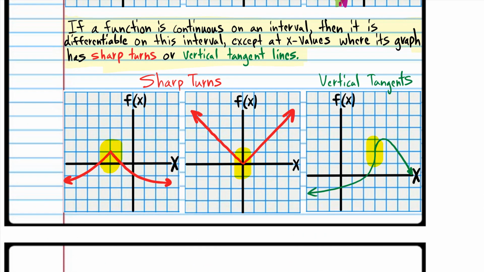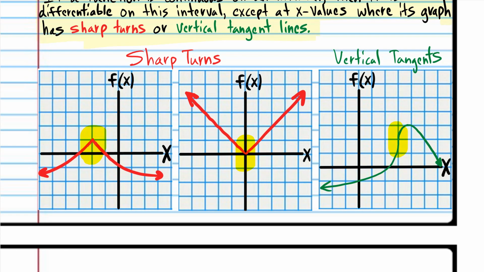Functions are not differentiable where we have discontinuities, but they're also not differentiable when the graphs of the functions have sharp turns, or where the graph of a function has a vertical tangent line. So what in the world does this mean? Well, first of all, notice that there are no discontinuities here. We have a sharp turn here, but that doesn't mean that the function is not continuous there.